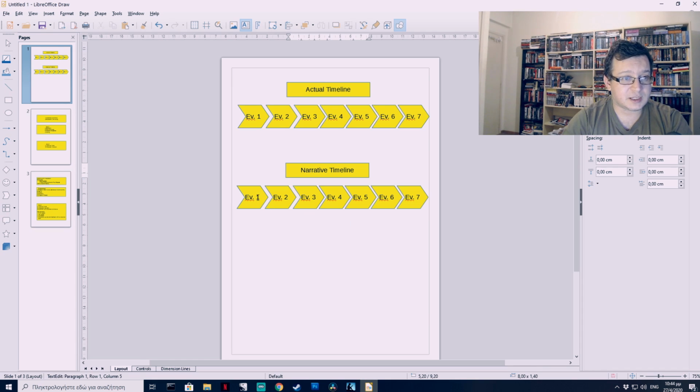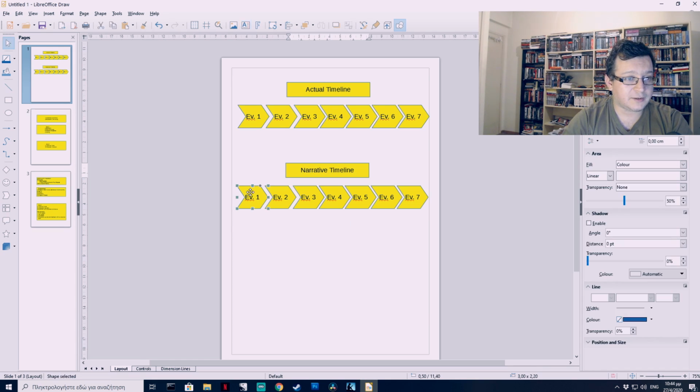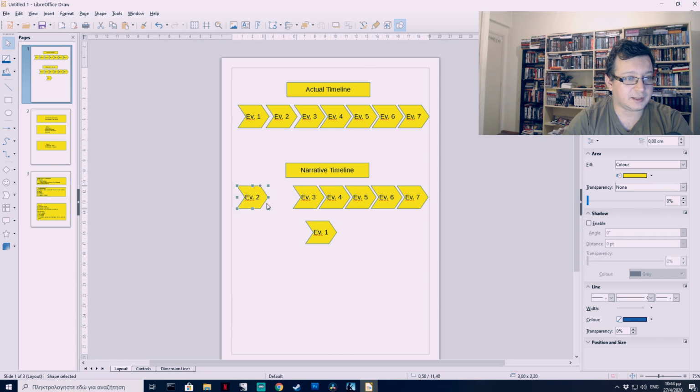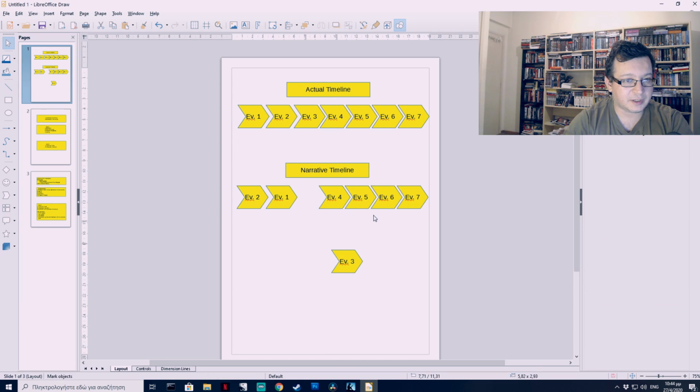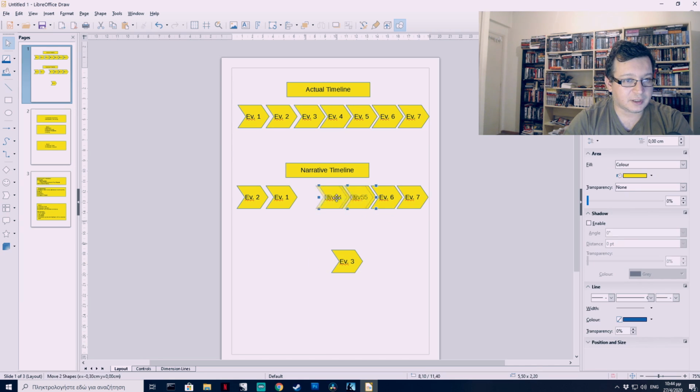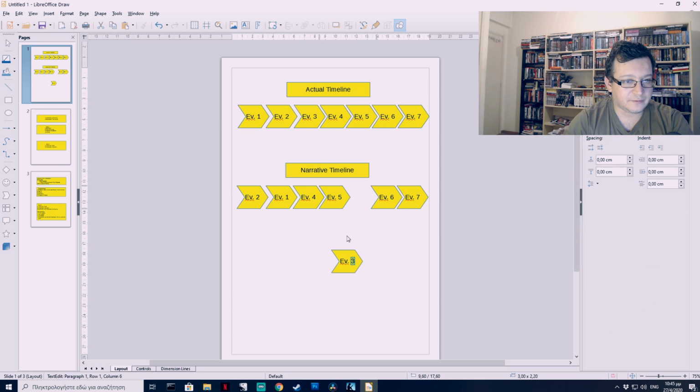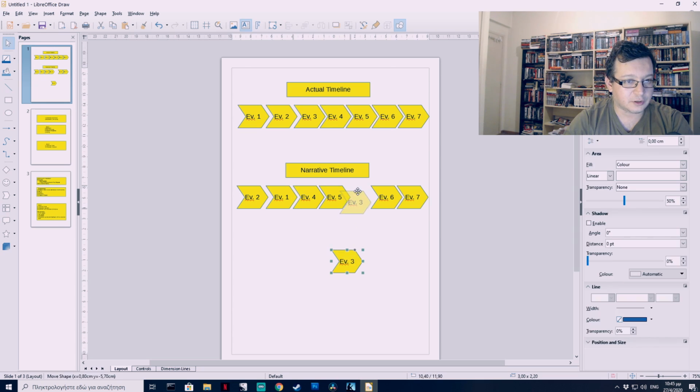However, it's not unusual when events are moved within the timeline. For instance, event number 2 can be presented before event number 1 is, and event number 3 appears only after events 4 and 5 are also presented within the story.